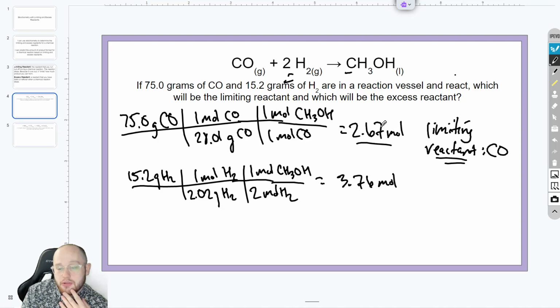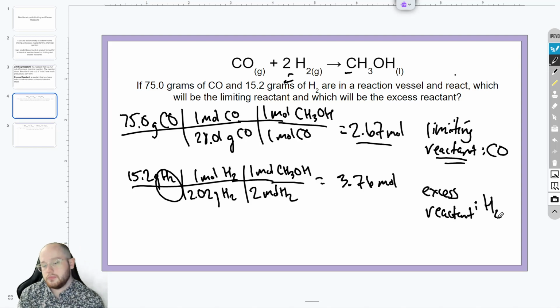This is a smaller number. I cannot make 3.76 moles. This is as many as I can make because I will completely run out. That means the reactant with the higher value is going to be excess, which means my excess reactant is hydrogen, H2 in this case.